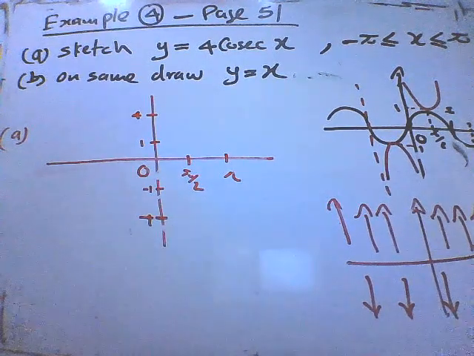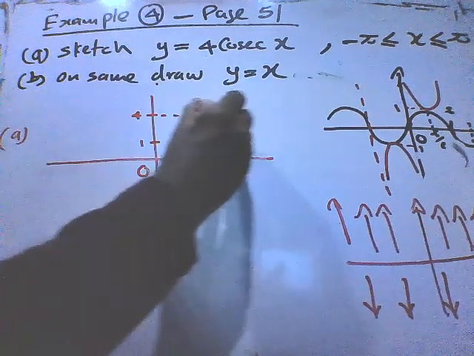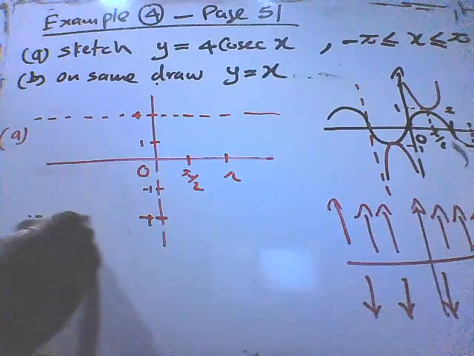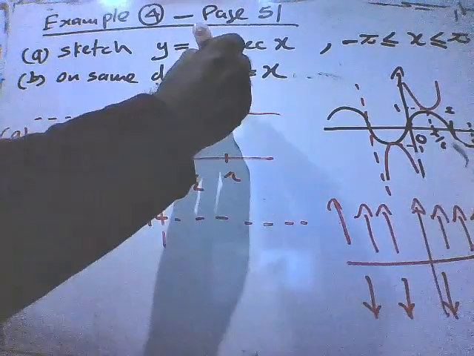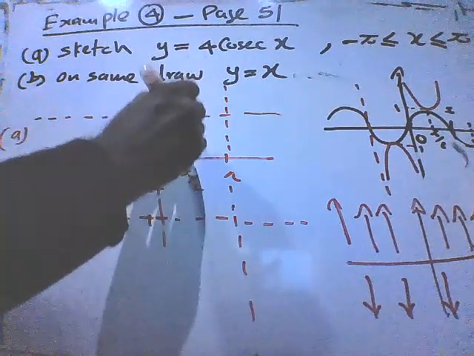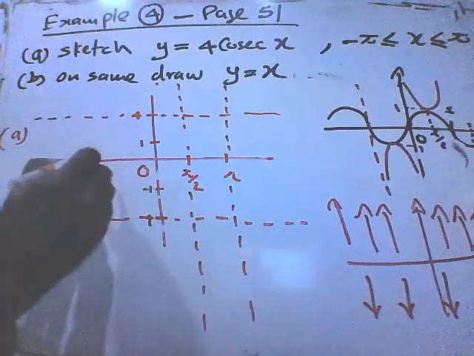So a dotted line at 4 we will draw, minus 4 also we will draw, and these dotted lines also we will draw, so we can sketch the graph properly.